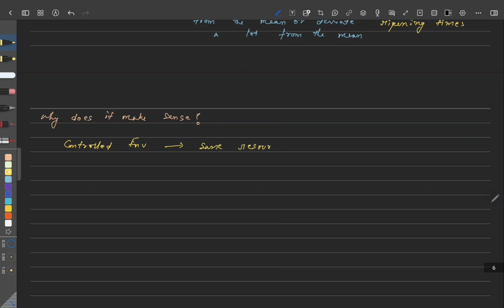And in a controlled manner. So they all would ripen almost together around the same time. So the variance or deviations from the mean should be consistent and small, okay?